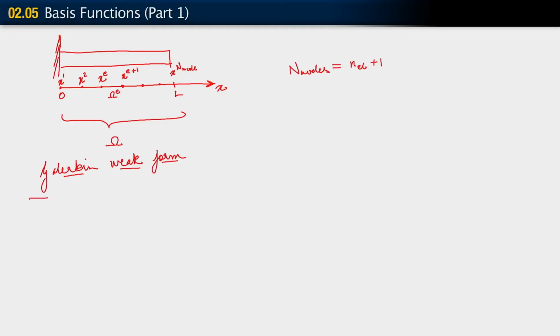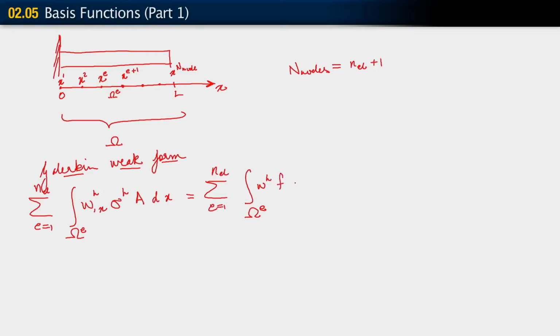We can now write it as a sum over E going from 1 to number of elements of an integral over omega E of wh comma x sigma h a dx equals sum over E going from 1 to number of elements, integral over omega E, wh f a dx plus wh at L, which of course is our last node, times T, which is the traction, times area. So this is our Galerkin weak form.